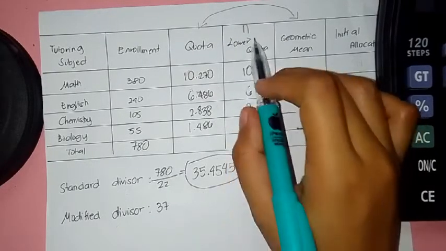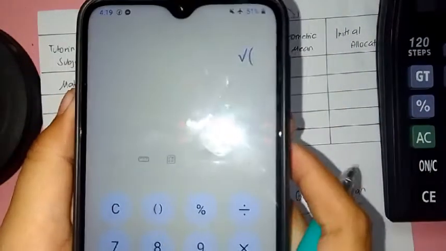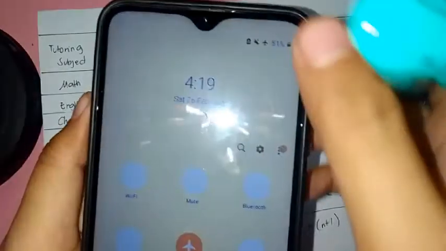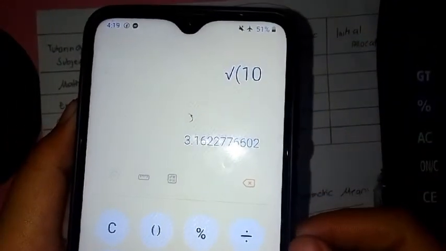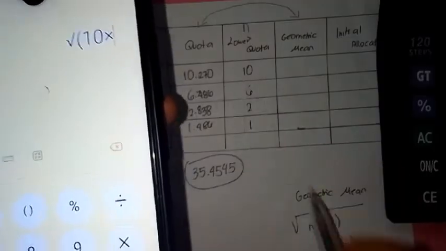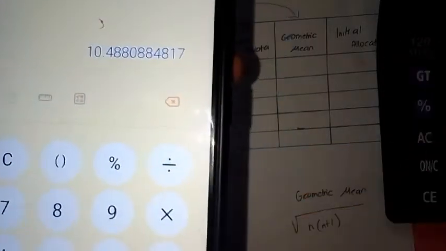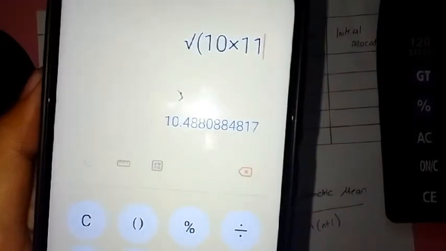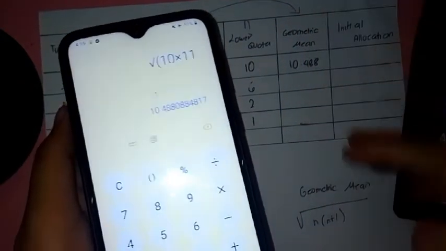So, 10 is N, square root of 10 times 10 plus 1, 11 equals 10.488. We do the same to English, chemistry, and biology.